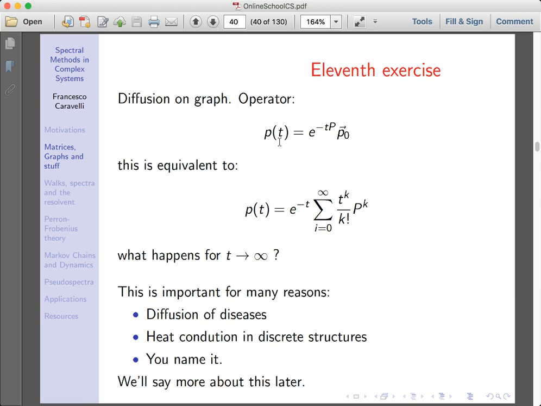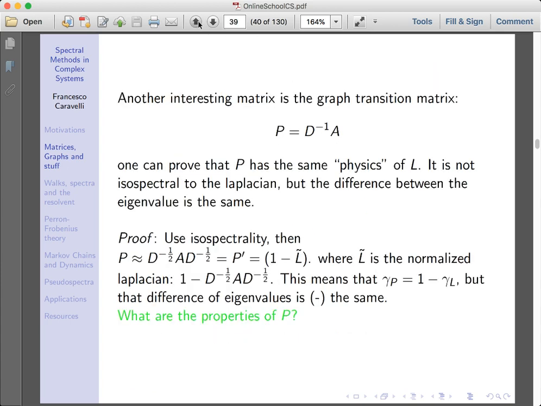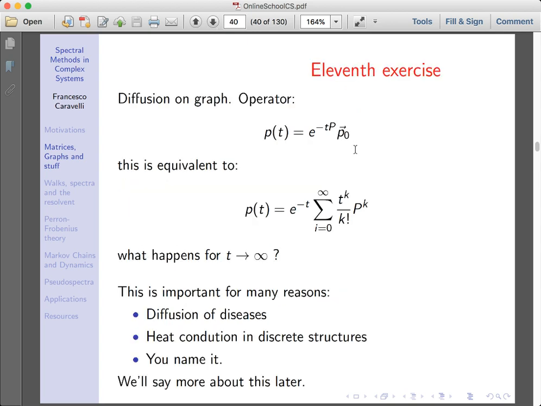So how do you define the diffusion operator on a graph? It is defined in the following form: an exponential of the matrix we defined before, this P diffusion matrix, which is the forward diffusion. P of t, where t describes time, is nothing more than the evolution of probability on the nodes of the graph.